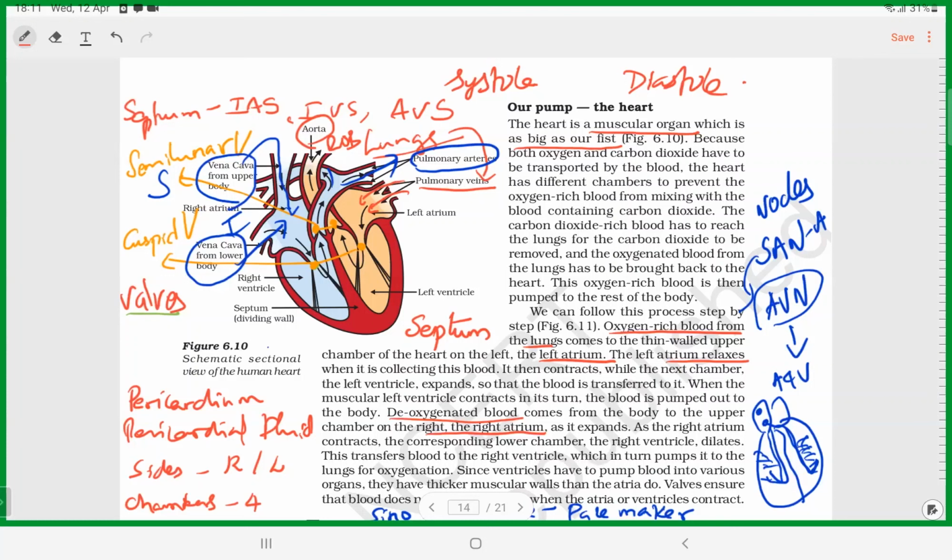From the left atrium, blood goes to the left ventricle, and from the right atrium, blood goes to the right ventricle. That's the next process. Now, to push the blood completely, what should contract?